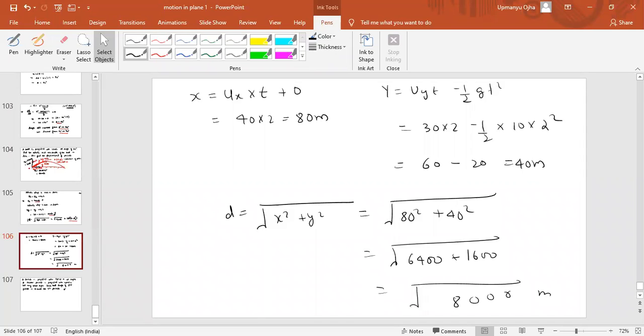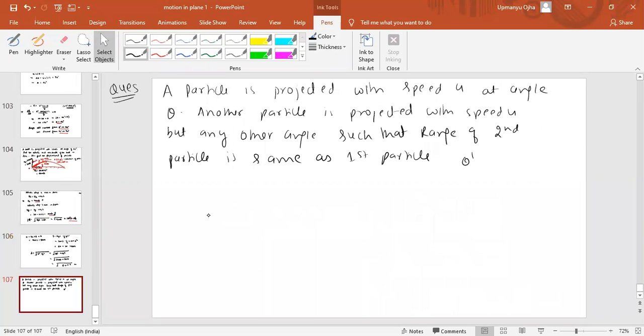Let us suppose that the first particle is thrown with an angle theta, speed is u. And the second particle with some angle theta dash, with speed u.